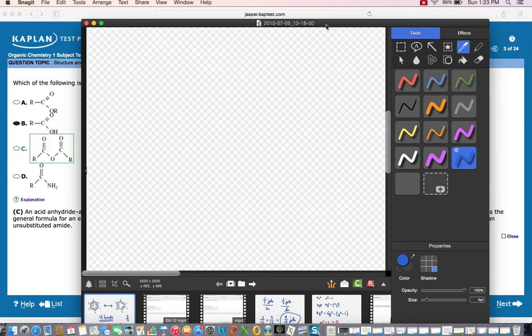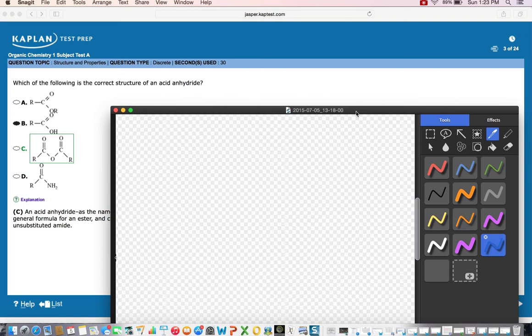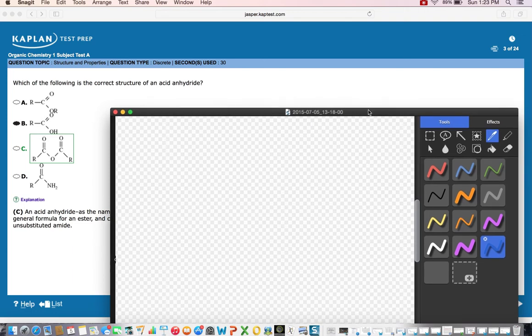Okay, next one we're going to look at is question 3. Which of the following is the correct structure of an acid anhydride? You get an acid anhydride when you combine 2 carboxylic acids. I'm going to draw the structure of acetic acid just to keep it simple.